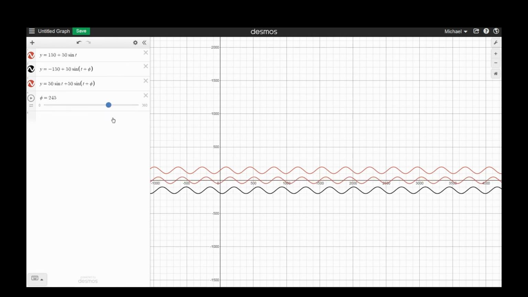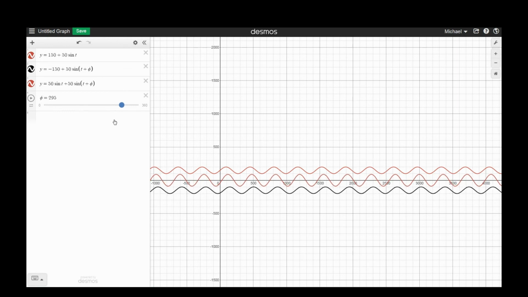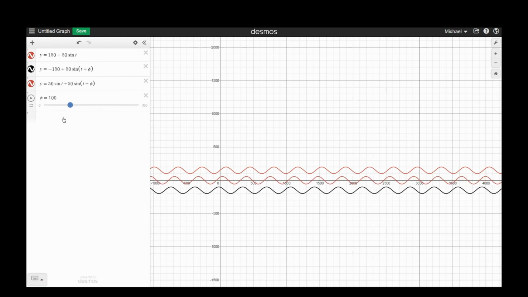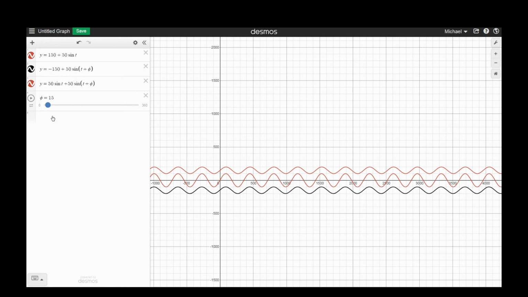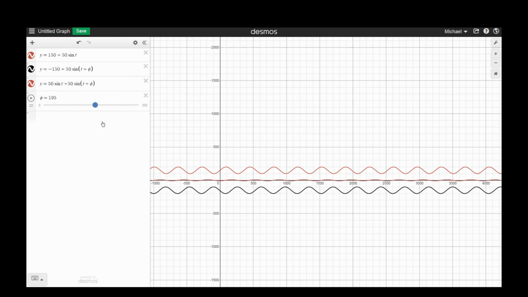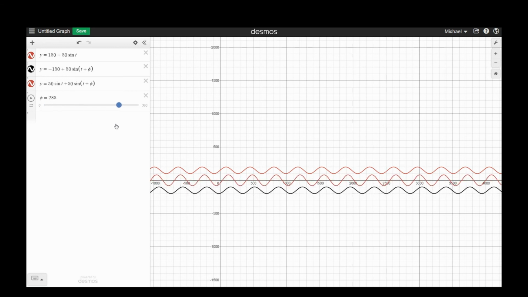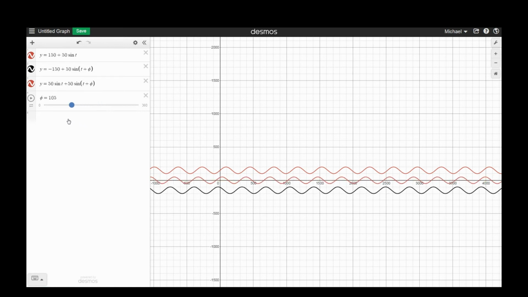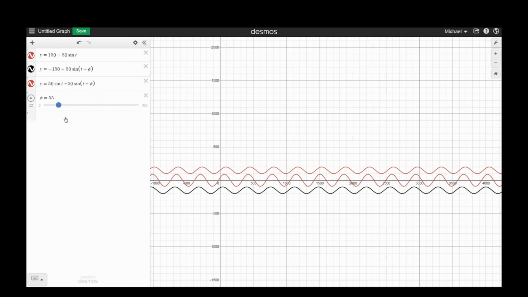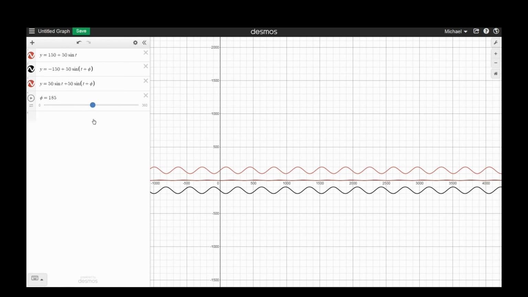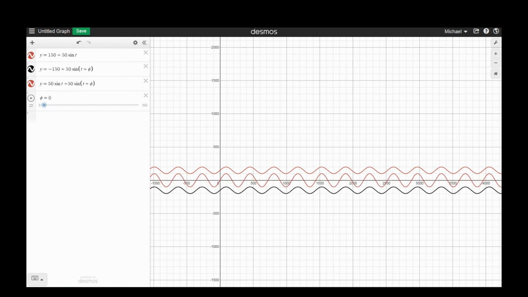So this is your first experiment with adding waves together where you can phase shift them. The one wave is being moved back and forth, and the middle wave is what is left over when the two waves collide. So this wave at 0 is undergoing total constructive interference.